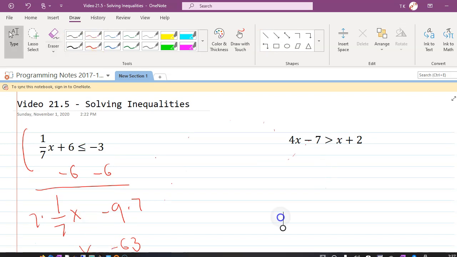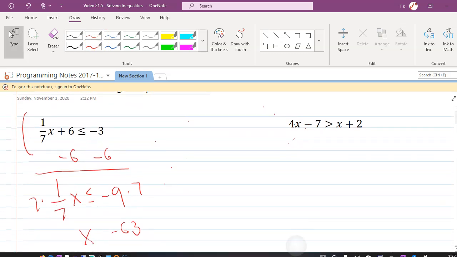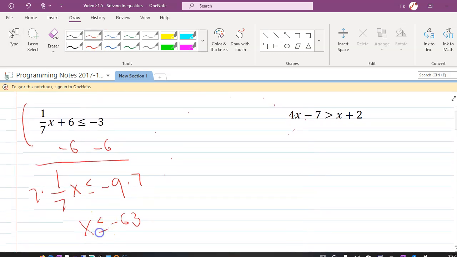Because it's less than or equal to, there isn't a single value that satisfies the inequality. There are multiple values. There are lots of things that x could be, and so long as this side is less than -3, I'm good. Let's say that x was -70.